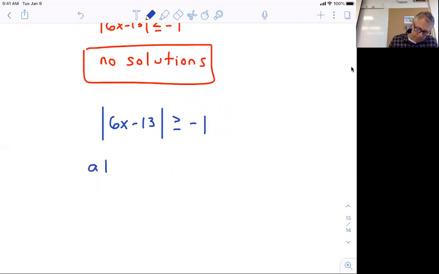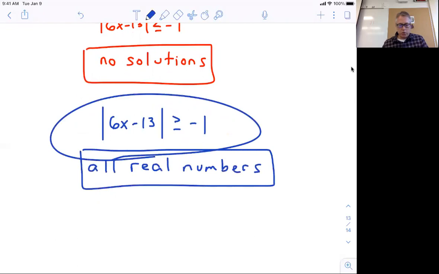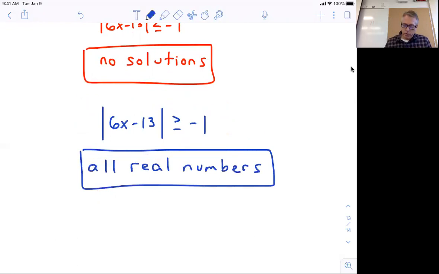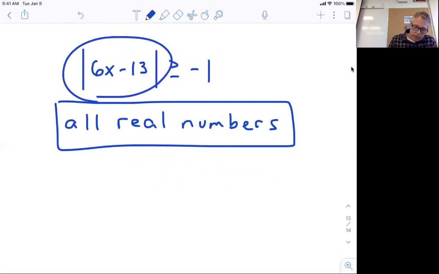Therefore, all real numbers works here. Anything you plug in, that statement is going to be true. You plug in any real number you want, that will be a true statement, because this side's always going to be positive, it's always going to be greater than -1.